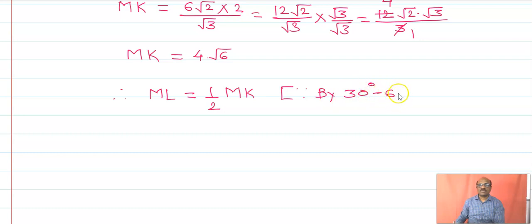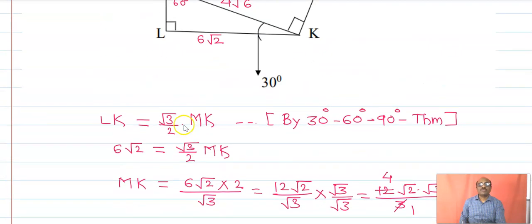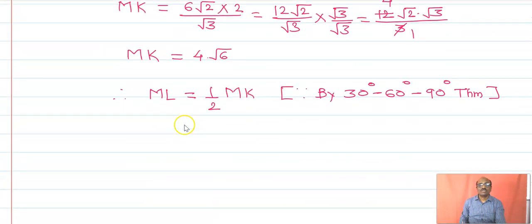By the 30-60-90 theorem, the side opposite to the 30 degree angle is half of the hypotenuse, and MK is 4 root 6.